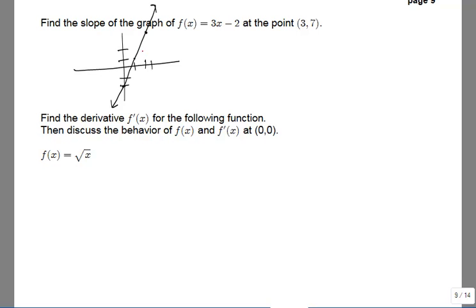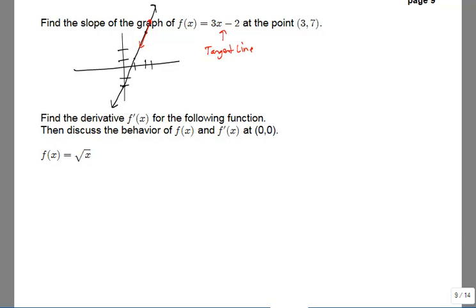Well, since this is a linear function, then the tangent line at that point, the best fitting line to the line itself, would have to be the line itself. So the tangent line of a linear function is the line itself. So not only is 3x minus 2 our function, it's also our tangent line.